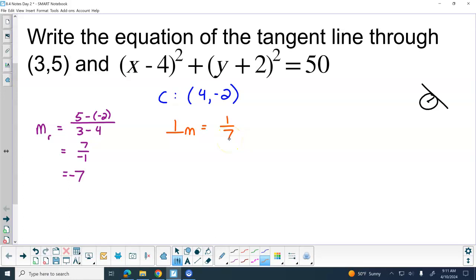And then we need to utilize our point (3, 5).